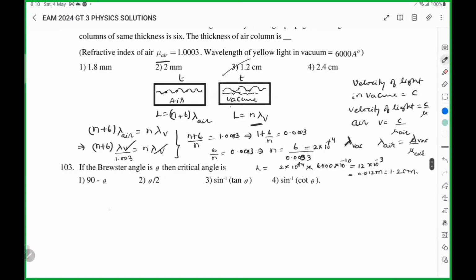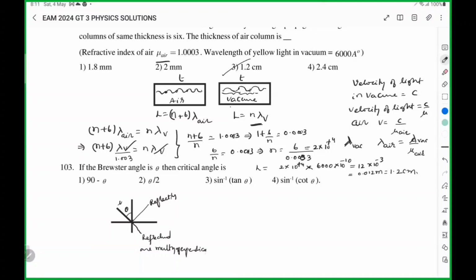Here, for the Brewster angle: the Brewster angle is the angle at which unpolarized incident light becomes polarized, where the reflected ray and the refracted ray are mutually perpendicular.